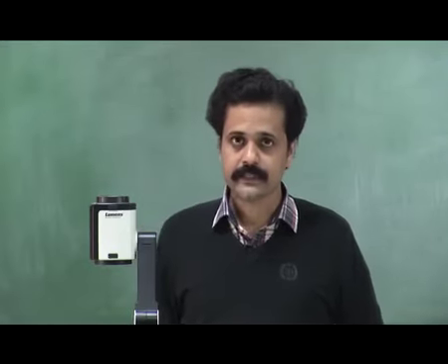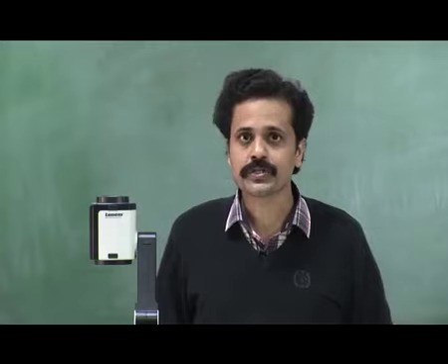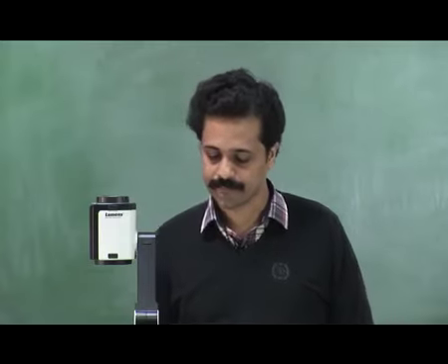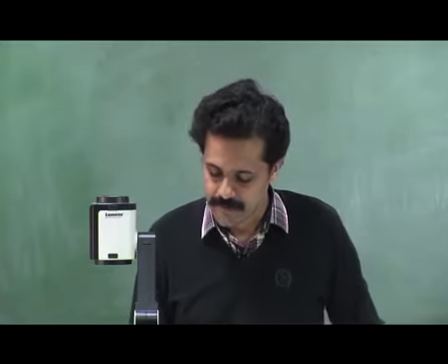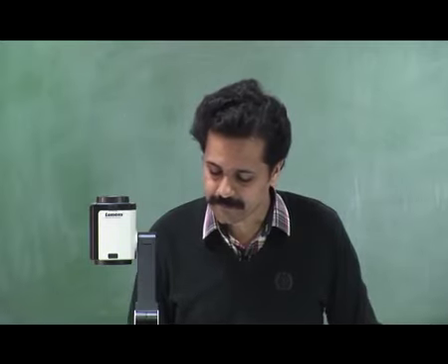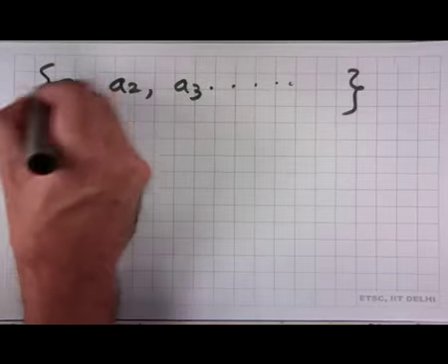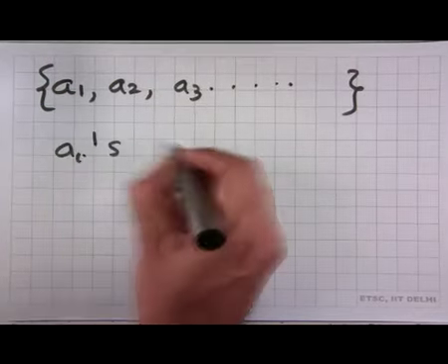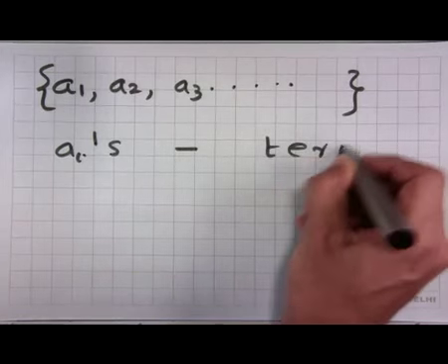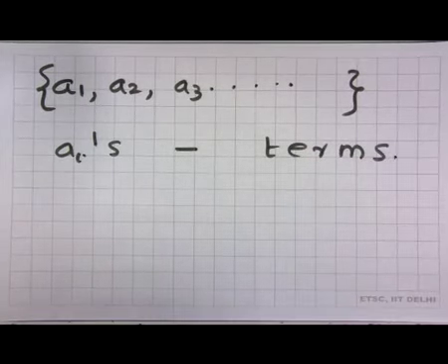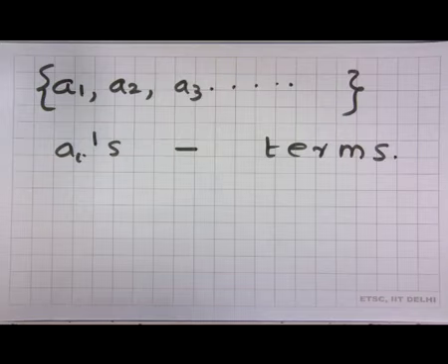Recall the notion of term of a sequence. If you have the sequence a_1, a_2, a_3 and so on, the elements a_i are called terms. There may be circumstances where we want to have a sequence with a finite number of terms.